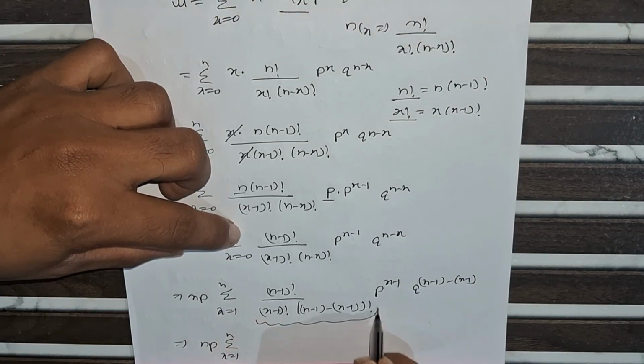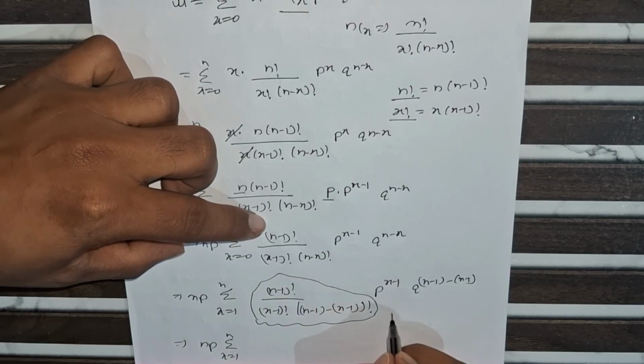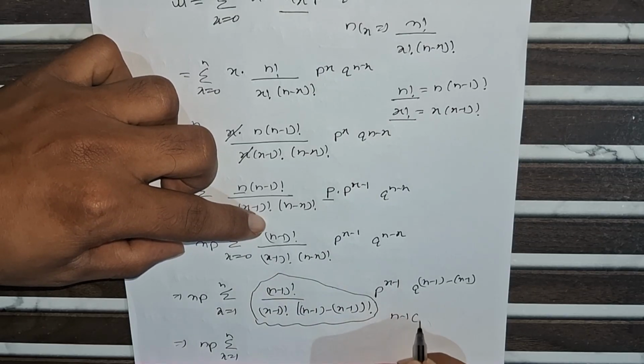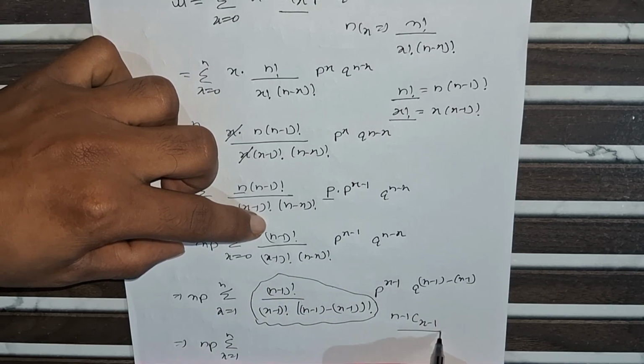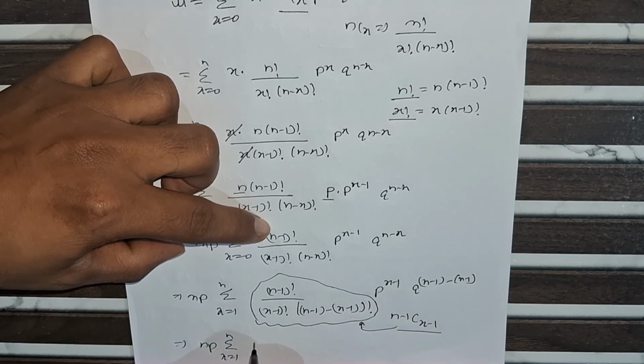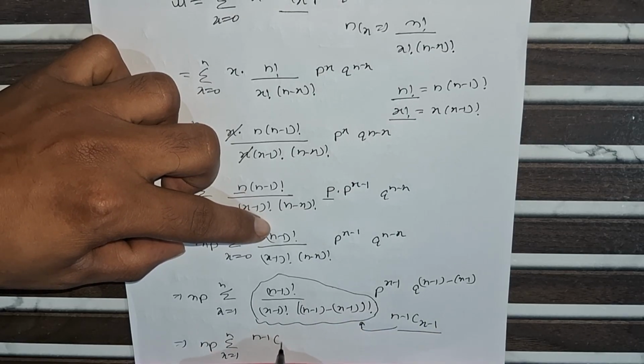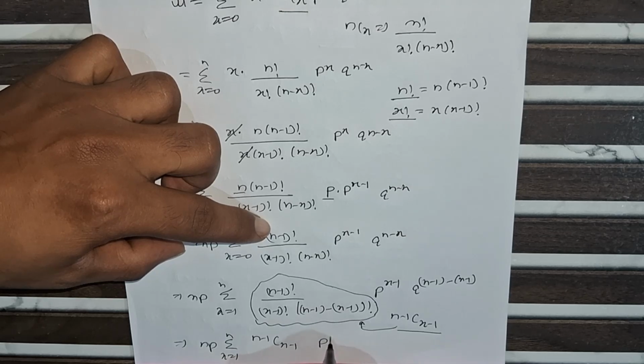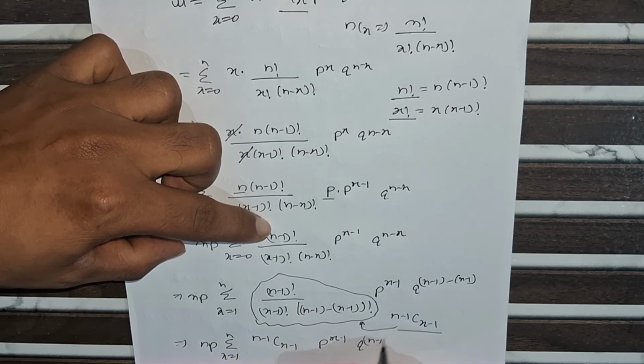So this is nothing but the formula of n minus 1 C x minus 1. When you expand it, you can easily get this step. So this is n minus 1 C x minus 1 p to the power x minus 1 q to the power n minus 1 minus x minus 1.